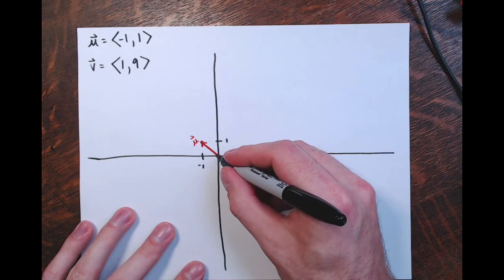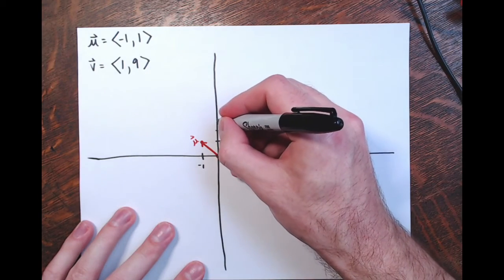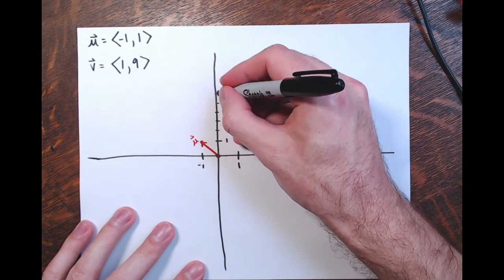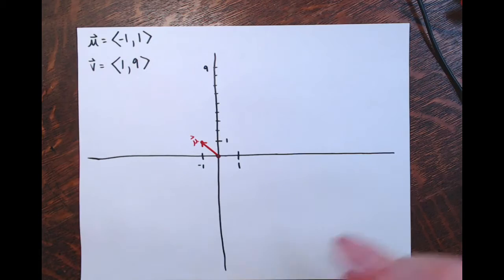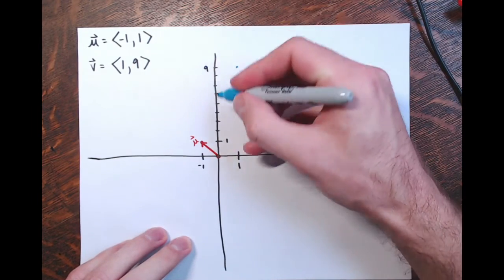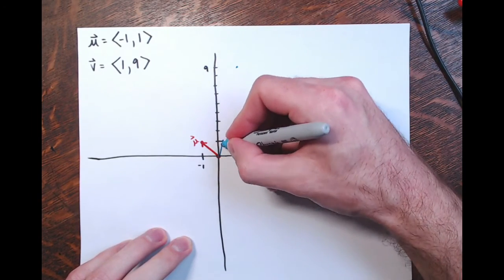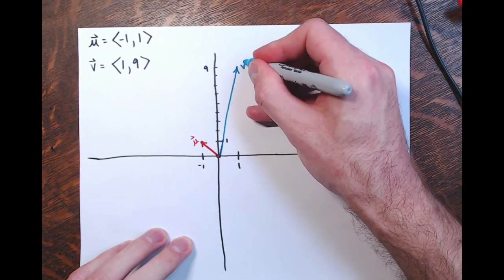Again, from the origin, that's 1 right and 9 up. I'll draw this in a different color. So 1, 9, from the origin to that point. There's vector v.